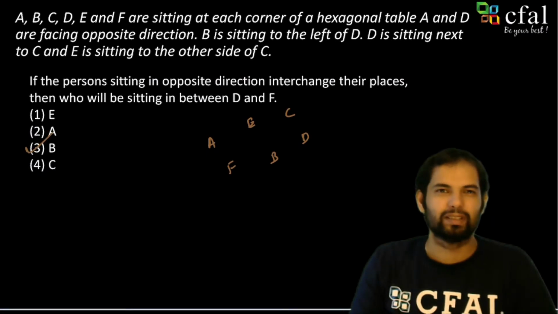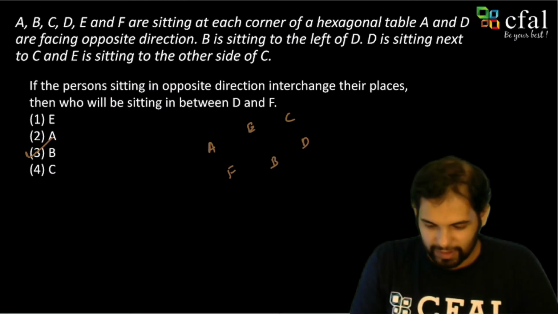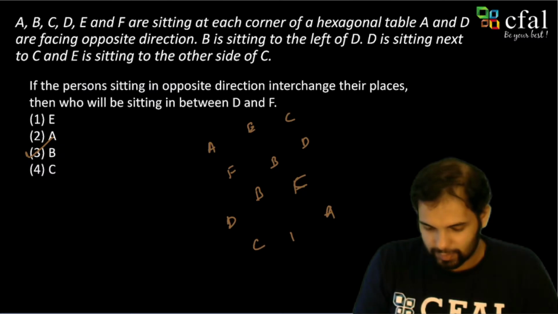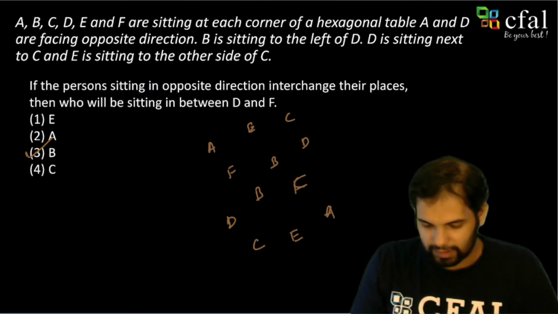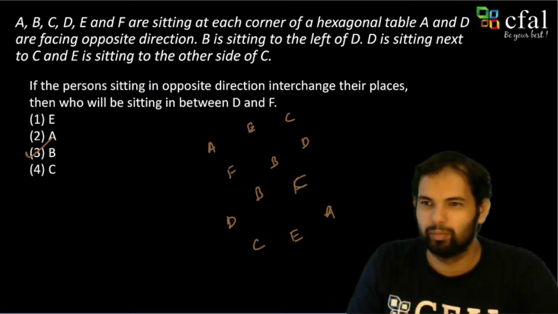Won't the answer be B itself? See, you're saying D is also jumping. So basically what I'm saying, this will be the pattern. D and A are interchanged. F and C are interchanged. So F is here and C is here. And B and E are interchanged. So I'm shifting everything there. So in between D and F it is still B itself.